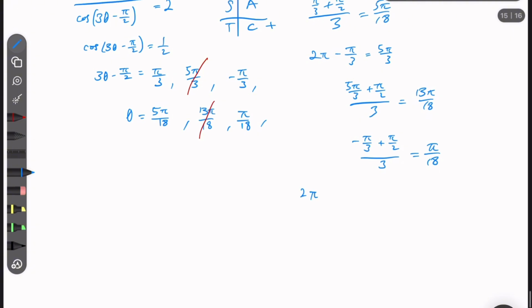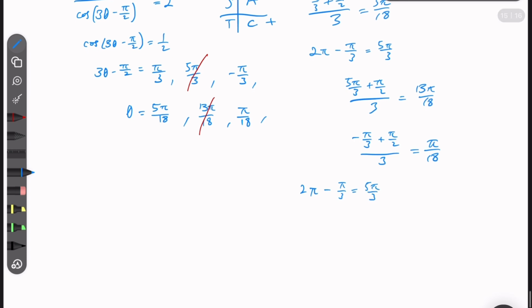2 pi minus pi over 3 would be 5 pi over 3 again. And this is negative, it's minus 5 pi over 3 plus pi over 2 over 3. So you get minus 7 pi over 18. So minus 5 pi over 3 is the base angle, and minus 7 pi over 18 is the answer of theta.